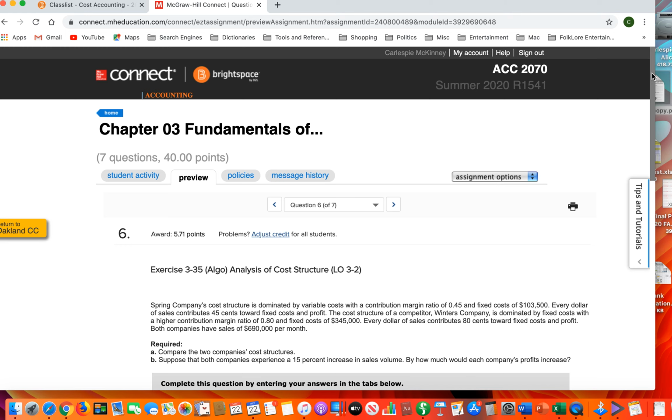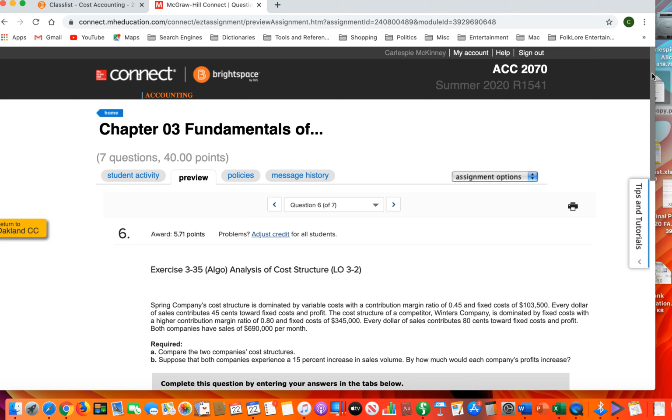Now 45% of that is your contribution margin. So if sales minus variable cost is contribution margin, and if contribution margin is 45% of sales, then the contribution margin must be $310,500. And the difference between the two will be your variable cost, because sales minus variable cost is contribution margin.